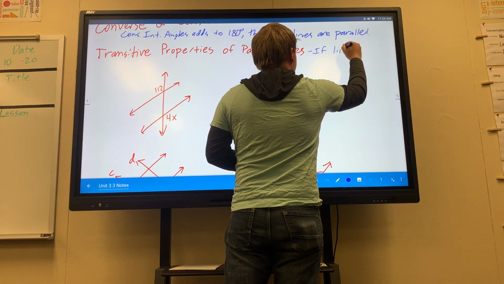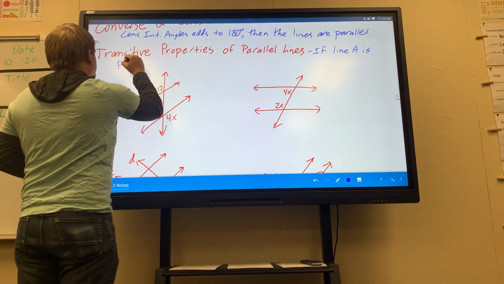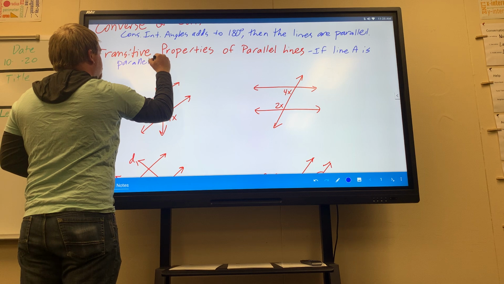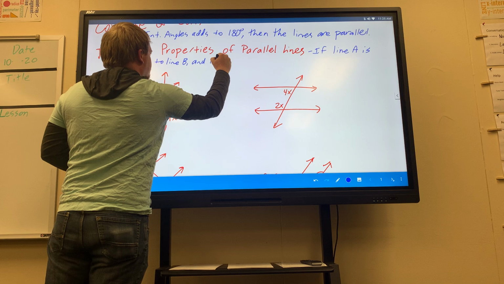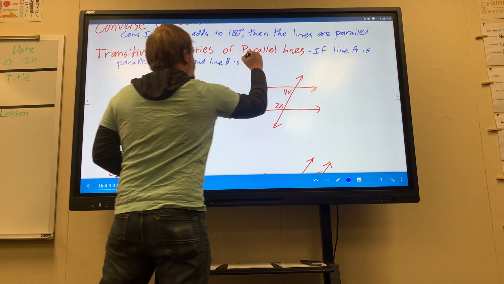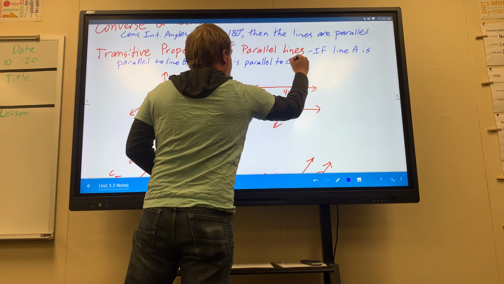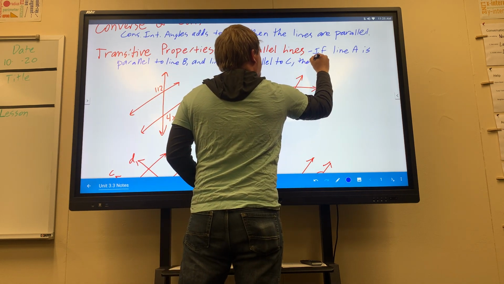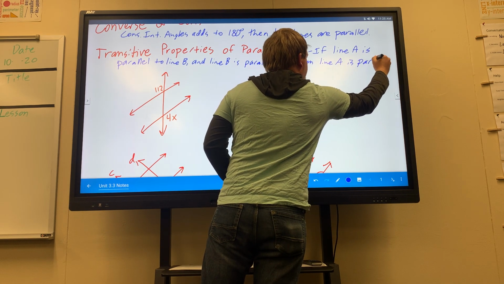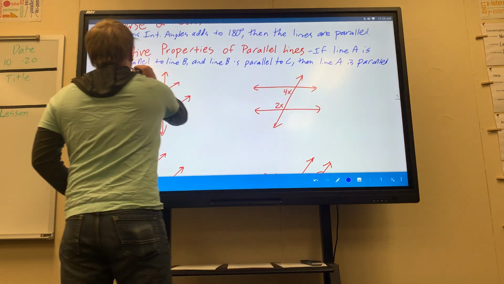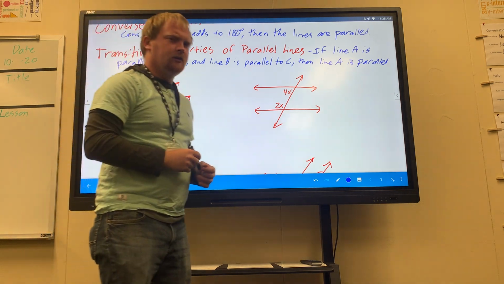If line A is parallel to line B, and line B is parallel to C, then line A is parallel to line C. Okay?